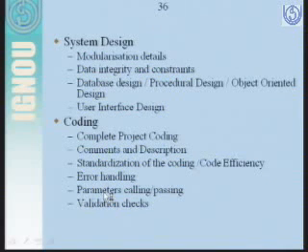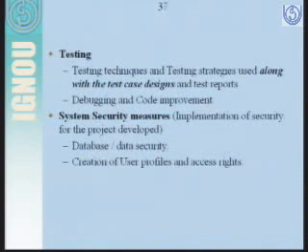Then the system design, covering all the details of the project. Then the coding details with rigorous comments inside the code, error handling, parameter calling, the validation checks that are kept, and then the testing techniques or testing strategies adopted for the project.